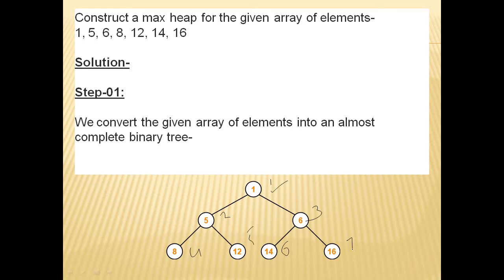When you observe this root, assume it is 1. The children are 5, 6, which are greater, so it is less than them. When you observe 5, the children are 8, 12. It is less again. Like here also, the same thing. So we say that it is not a max heap. Now our responsibility is to convert this binary tree to a heap tree.